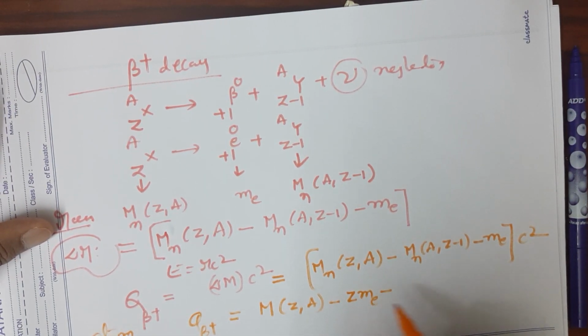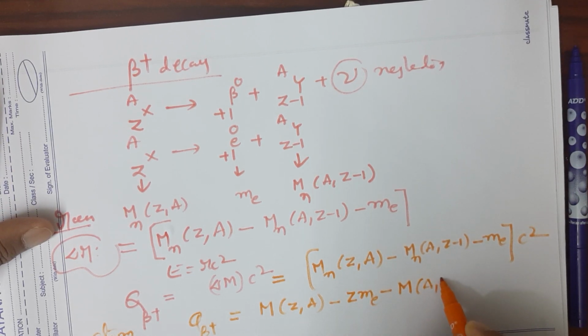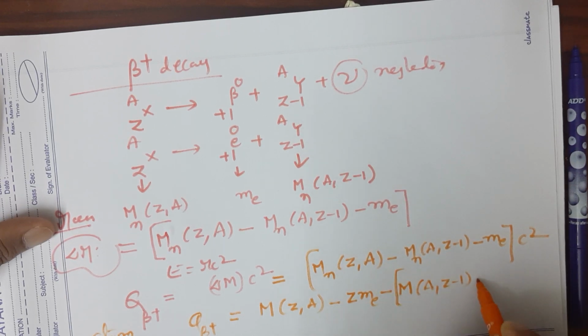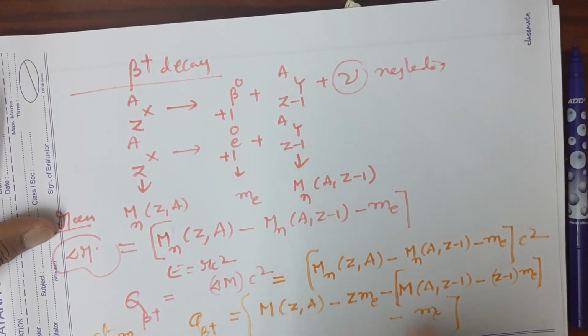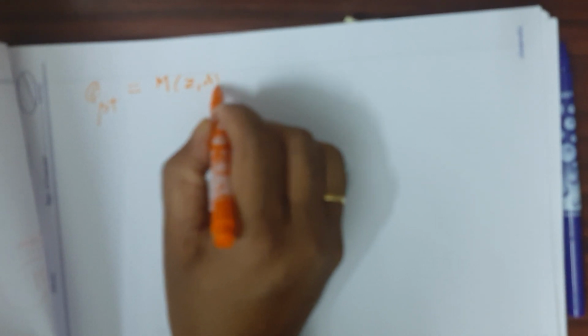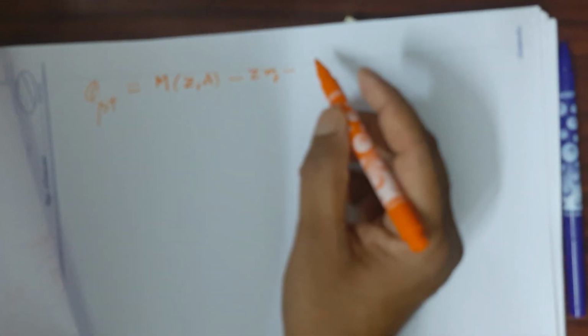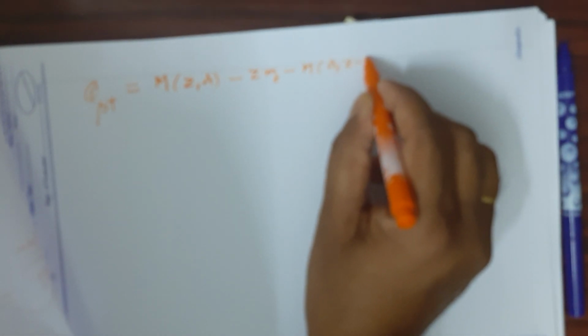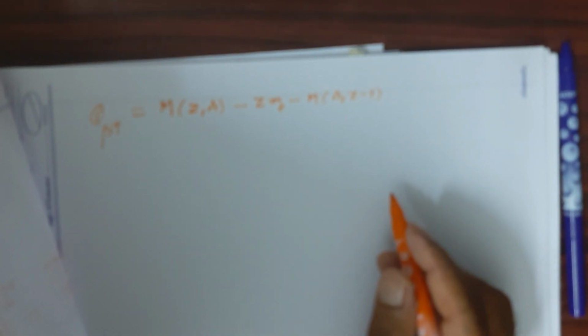Here also we are taking atomic mass, M of A Z minus 1 minus Z minus 1 into Me, minus Me, whole into c squared. Then minus into minus gets plus, Z minus 1 into Me, minus Me, into c squared.